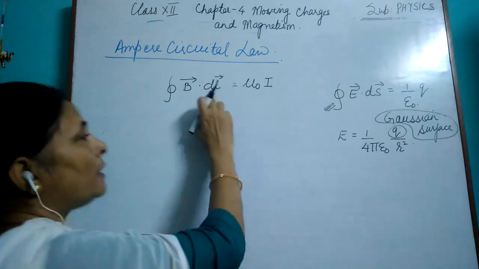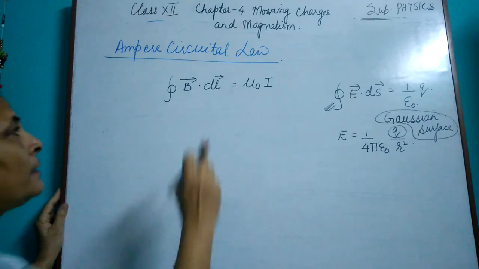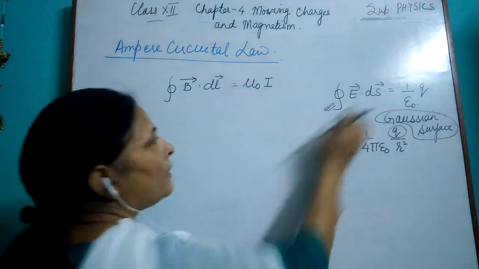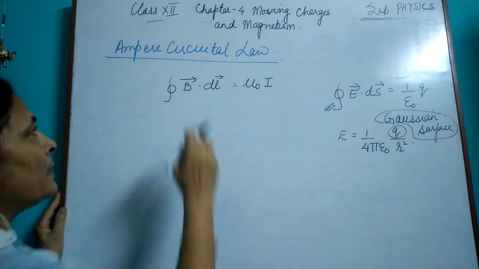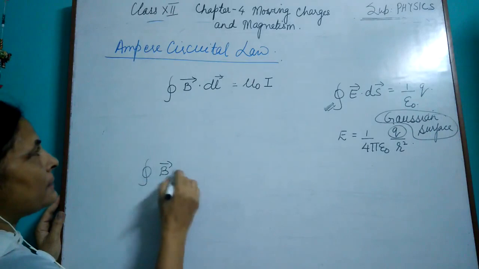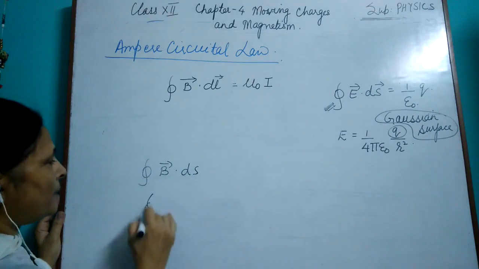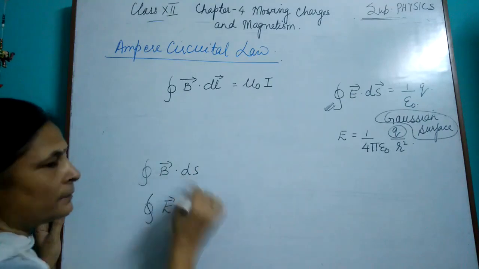This I am again and again specifying because this is a very common mistake made by the students while answering the questions. Sometimes they write integral B·dS. Sometimes in place of E·dS, they write E·dl. They interchange this integral.